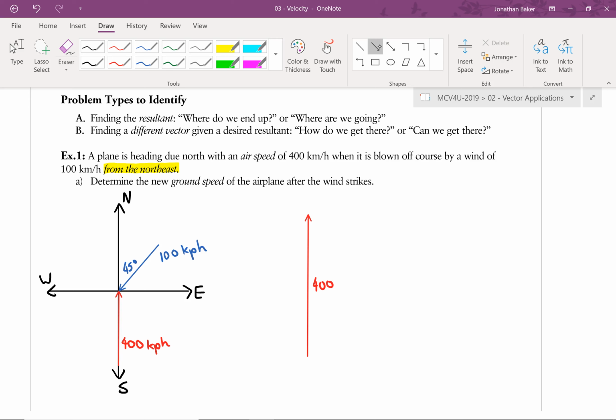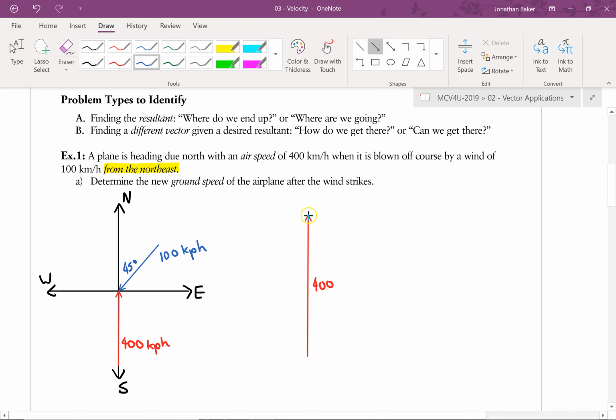the net effect of the forces will be combined, right? So these two forces act together to give us a resultant, to give us a new ground speed. And in order to show two forces acting together, we have to put them head to tail. We have to add them together.